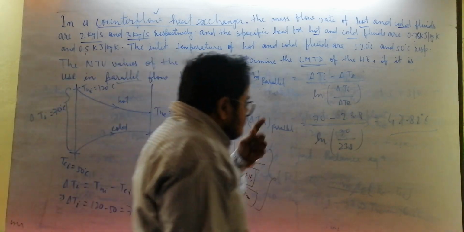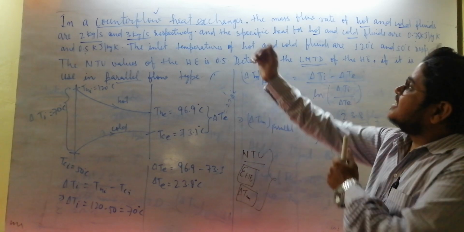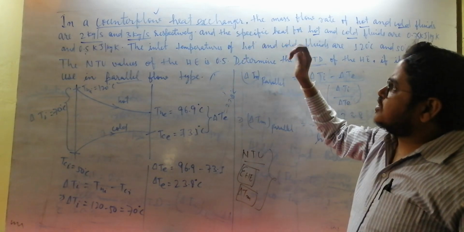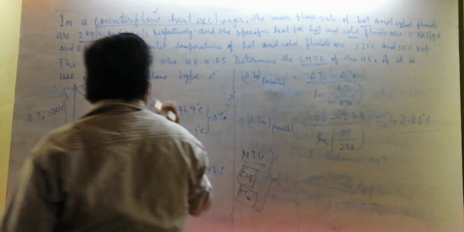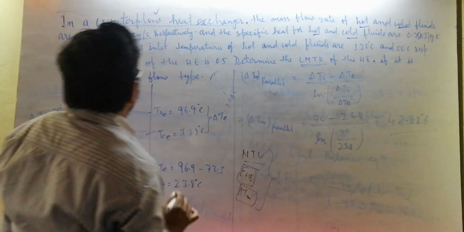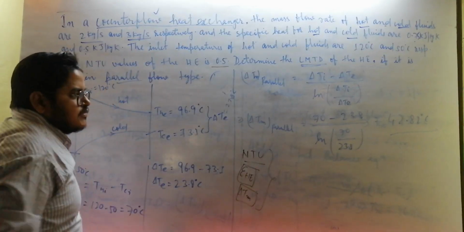Now I am discussing how the examiner can twist this question and how they form different types of questions from this one. Here in this question I gave NTU value as 0.5.